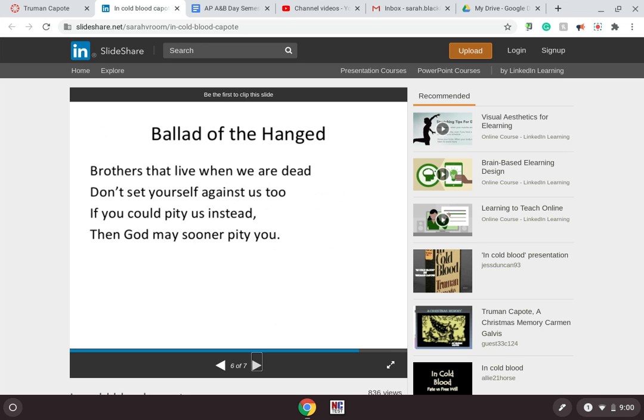So I find it incredibly fascinating that this book, which is about a murder, about the death of an innocent family, about the quest for the killers, this book that deals with such a dark subject should have this poem at the beginning of it that is asking for sympathy.